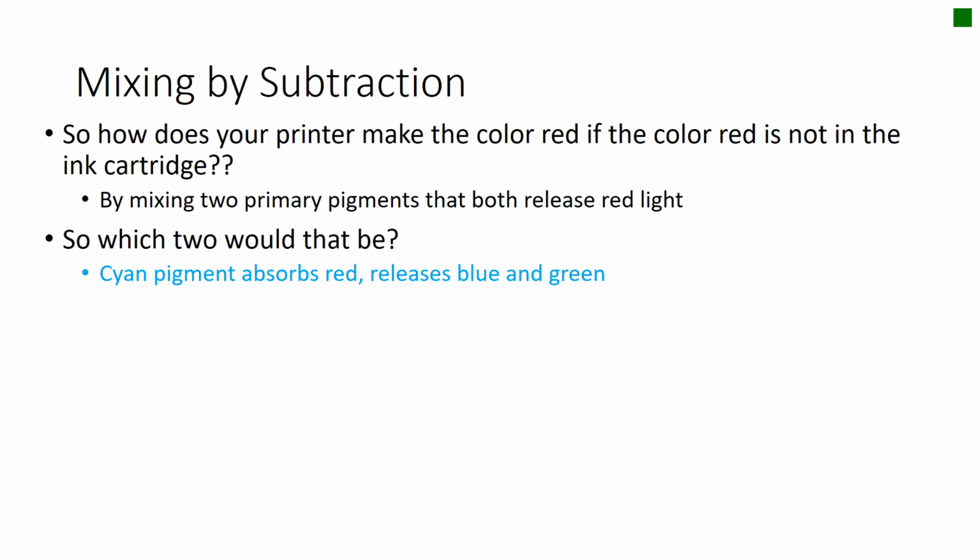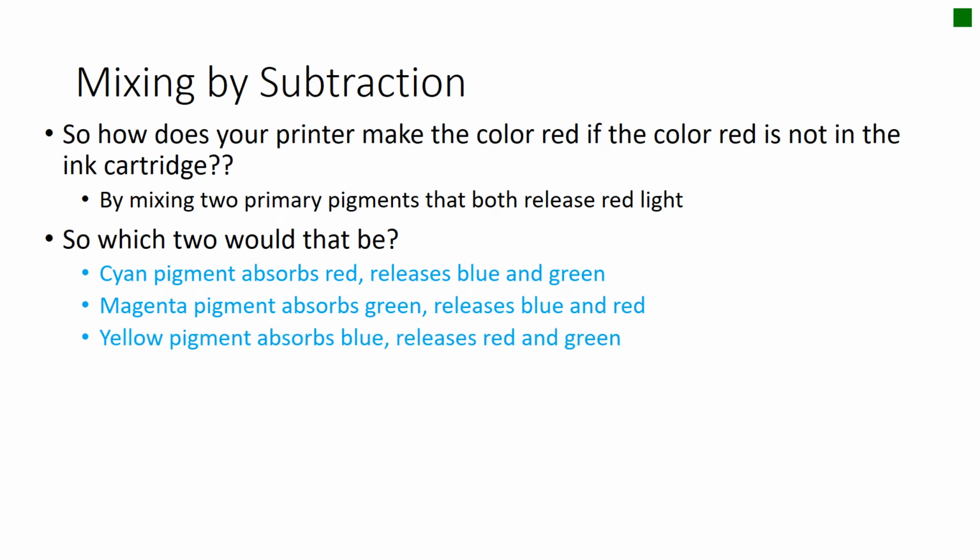But for cyan to look the way that it looks on that previous slide, you'll see that it absorbs red, re-emits blue and green. You'll see that magenta absorbs green, re-emits blue and red, and yellow absorbs blue and re-emits red and green.